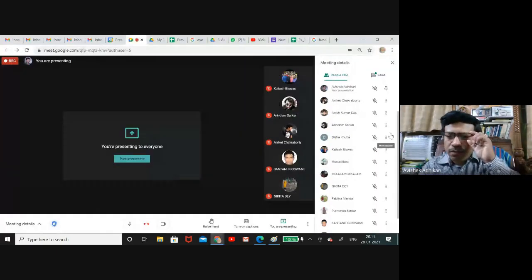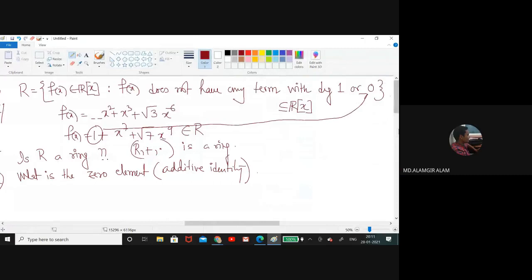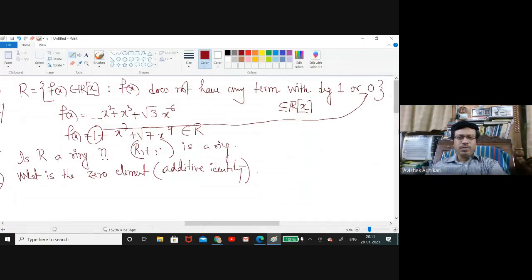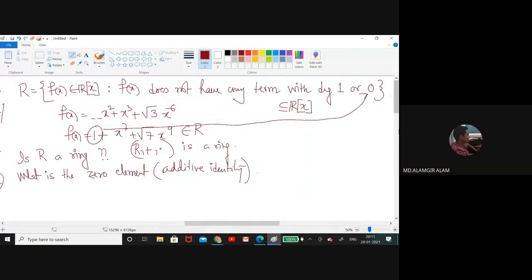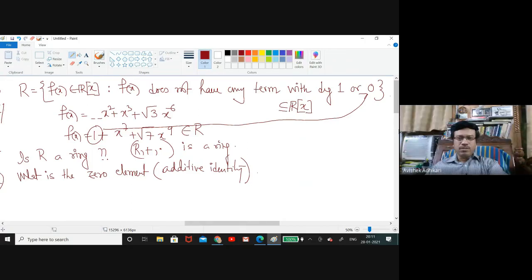Okay, Alamgir, what would be your justification? Is the zero element belonging to R?